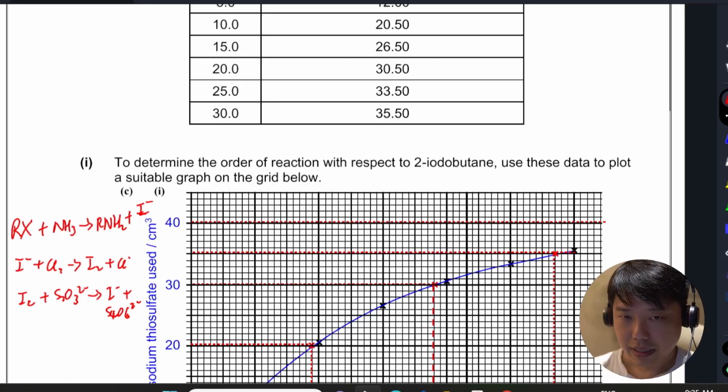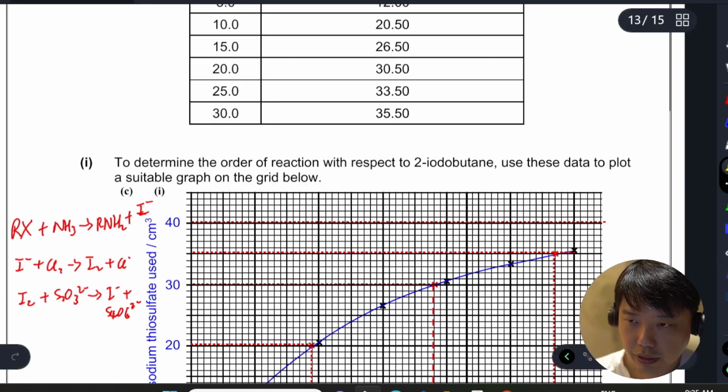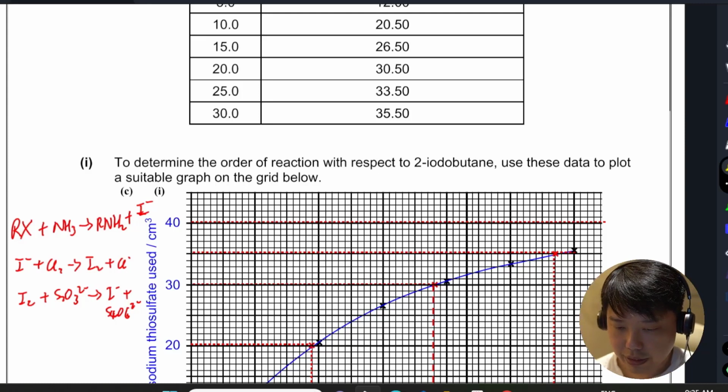So there's one more step. Usually for questions where they do the nucleophilic substitution, they straight away titrate the product so that you can link it very quickly. But NYJC, they have two more steps. They displace the iodine out, and then they titrate the displaced iodine by thiosulfate.